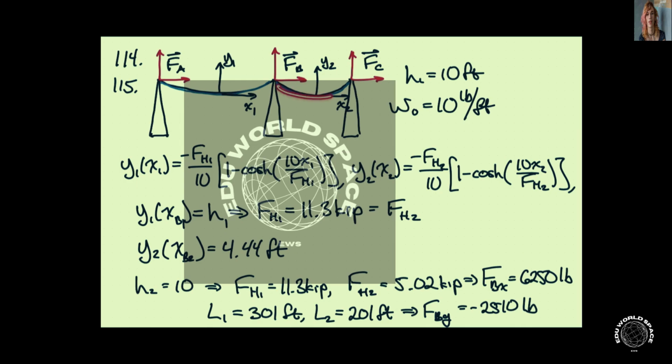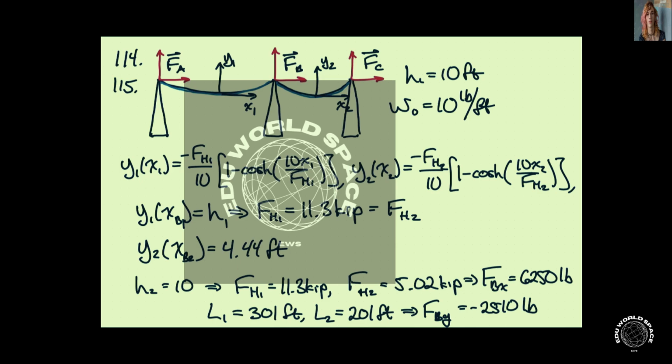Now in this case we can do the same thing, and we'll find that the cable is 201 feet. And again, it sags 10 feet. Again, there are more decimal places here, but I rounded them to 3 significant digits.